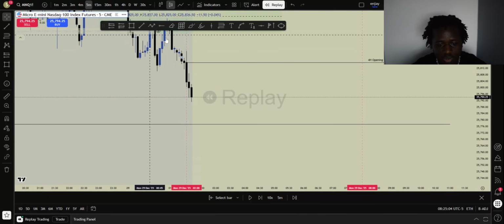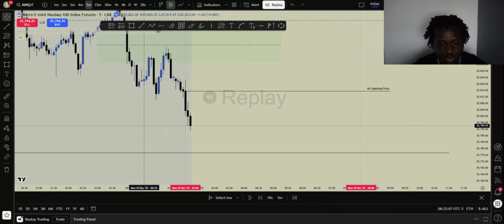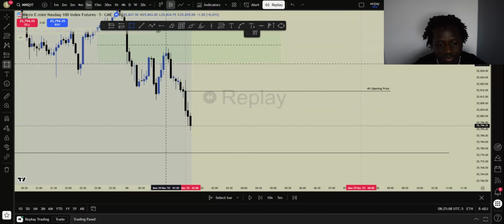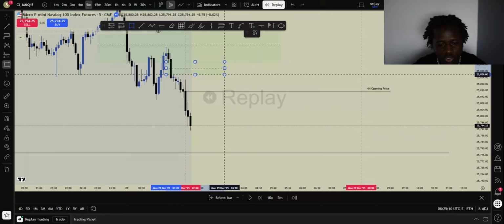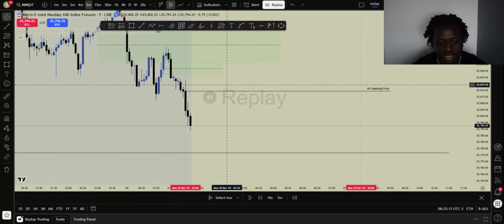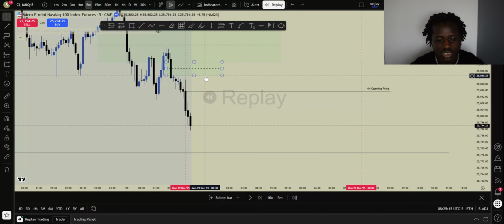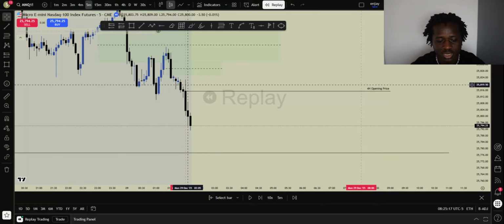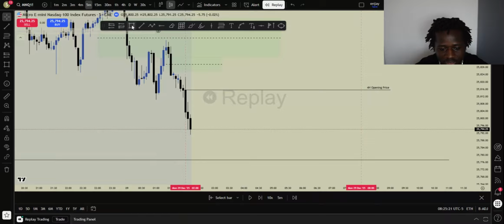So we could mark out this 5-minute gap. There's a possibility that price could take this 5-minute gap, but if we're bearish, I wouldn't like to see price take it out, because this is already basically an internal liquidity sweep, a lower time frame liquidity sweep. We also have this gap.